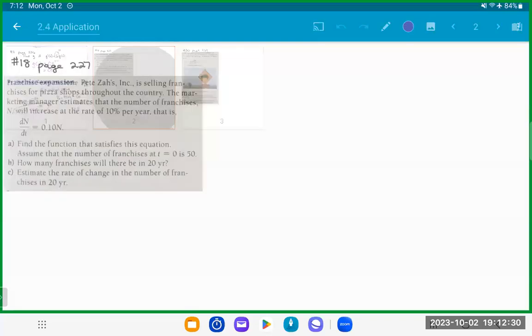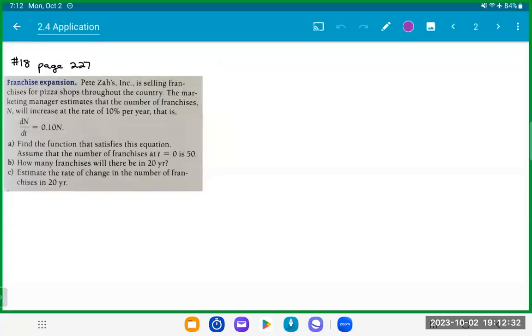All right, so for this next problem, it is an application, right? As I mentioned, this section is pretty application heavy. So for problem number 18 on page 227, actually it's problem number 8, not 18.